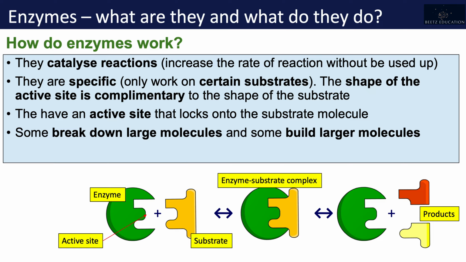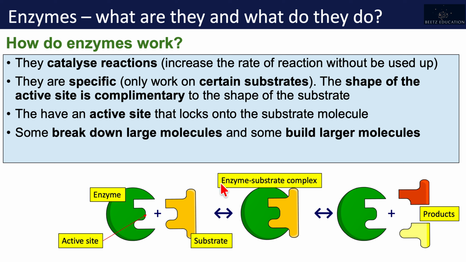In some examples of enzymes, being those that break down large molecules, you would get one substrate locking into the active site of the enzyme, which might be broken down into 2 or more products. Some enzymes, though, are builders, such as those that help in the building of DNA molecules during DNA replication.